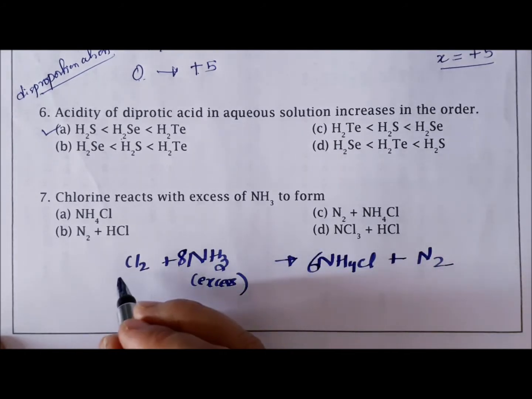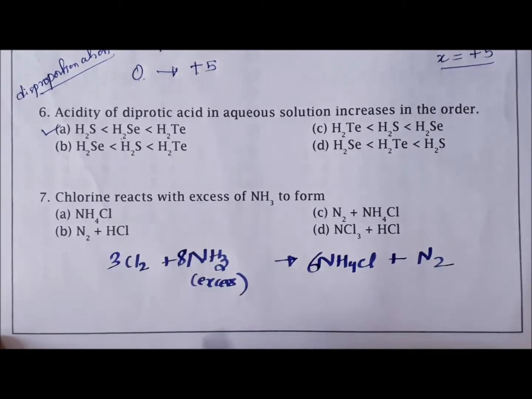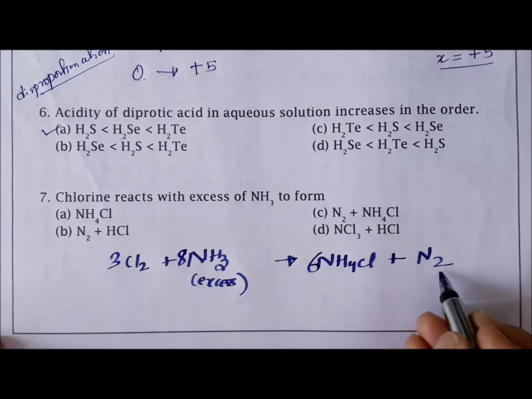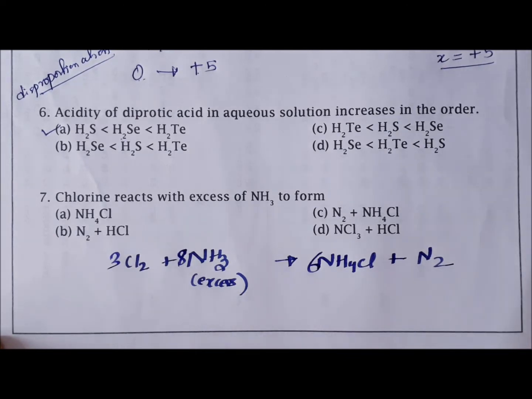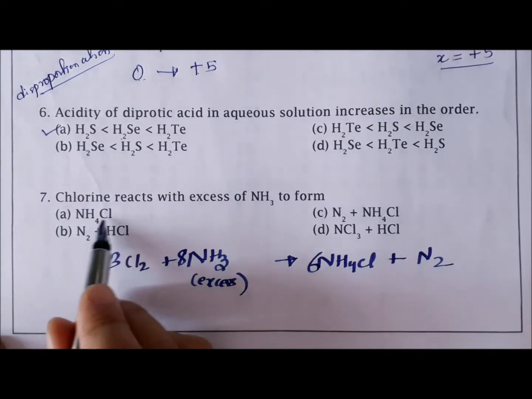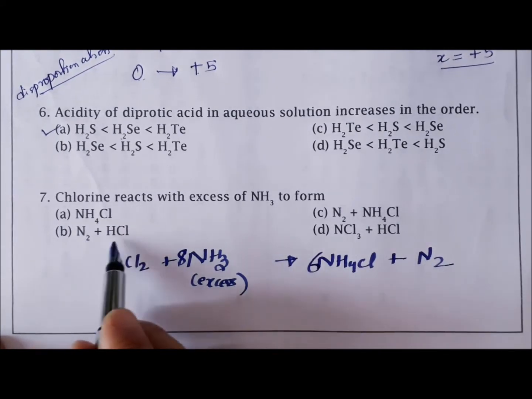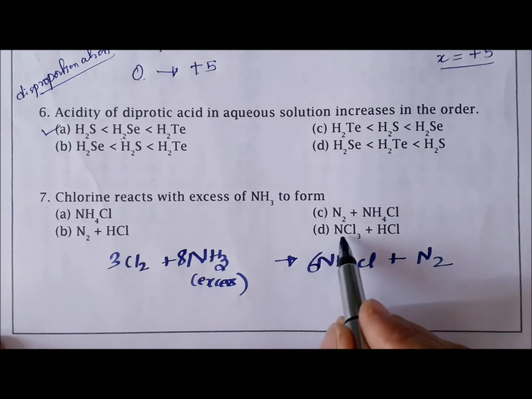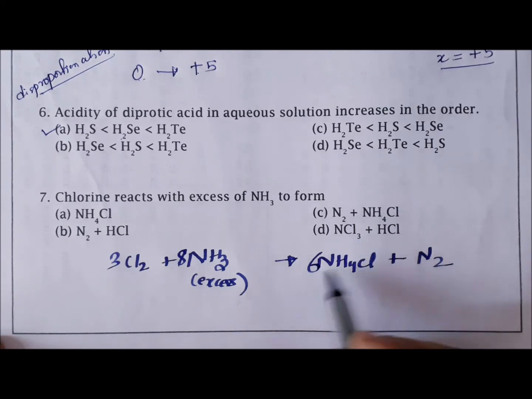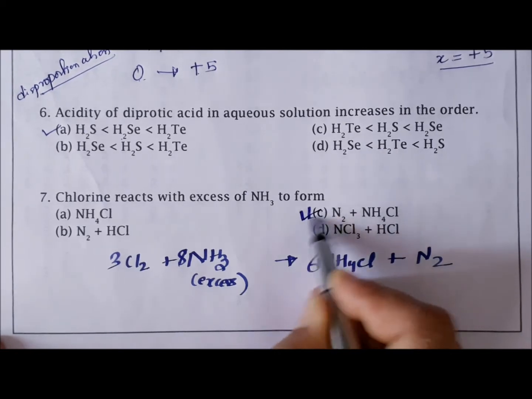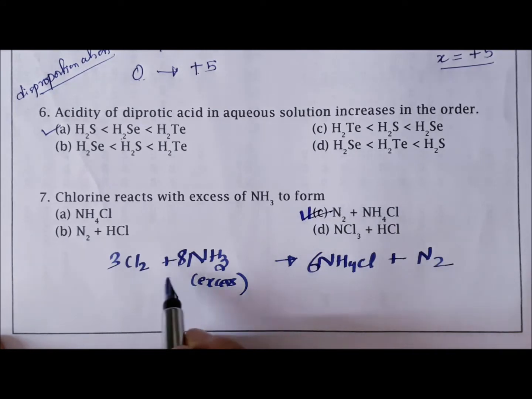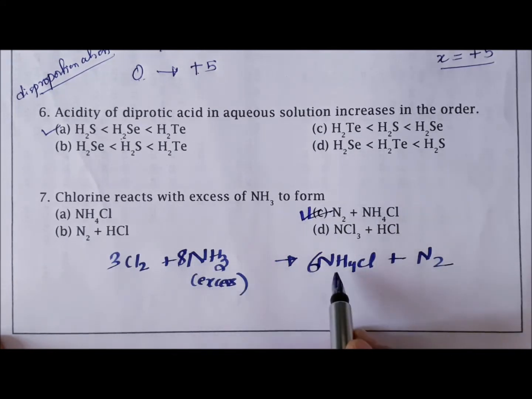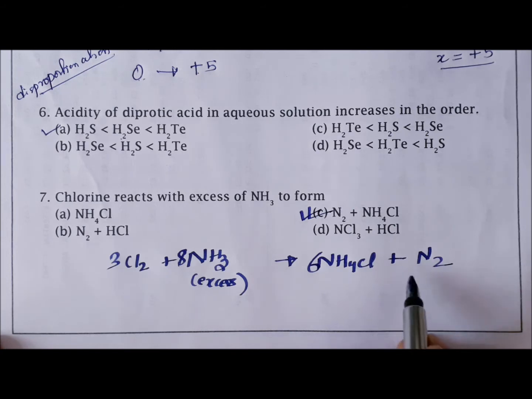Balanced equation: ammonium chloride and dinitrogen. What are the options? Ammonium chloride, nitrogen and HCl; dinitrogen and ammonium chloride; and nitrogen trichloride and HCl. Which is the correct option? Option C. Whenever chlorine reacts with excess ammonia, we get ammonium chloride and dinitrogen.